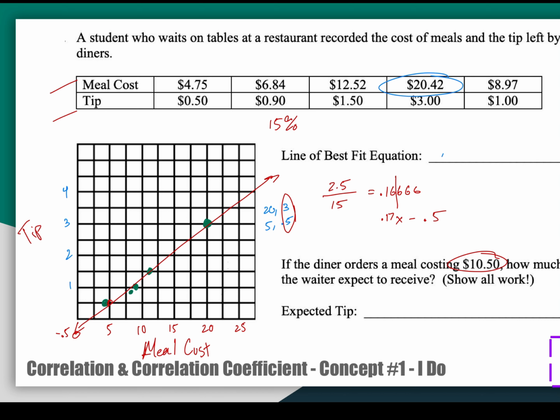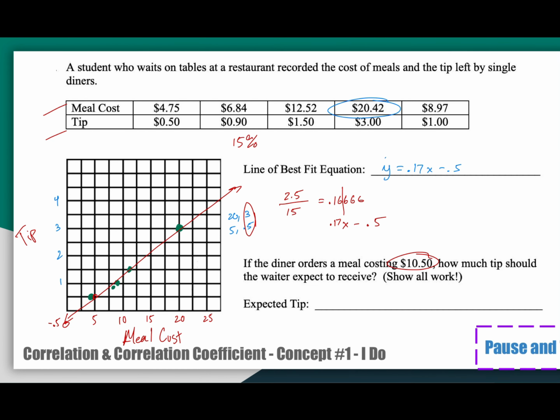So we end up with y equals 0.17x minus 0.5. That's our line of best fit. I'm going to put that right here because of estimation. And then I can plug 10.5 into that to see what that would be. So y equals 0.17 times 10.5 minus 0.5.